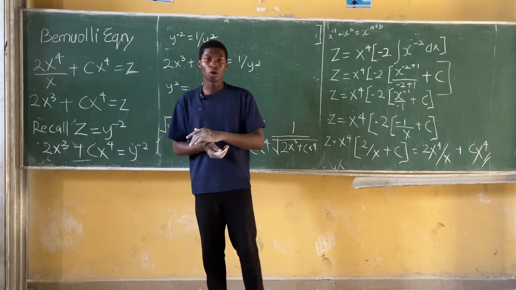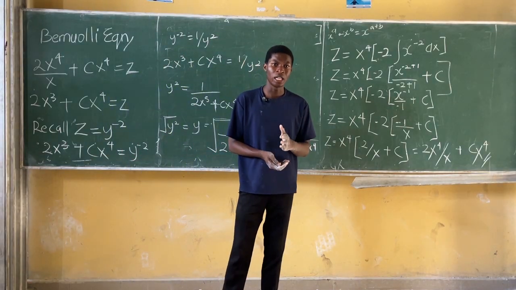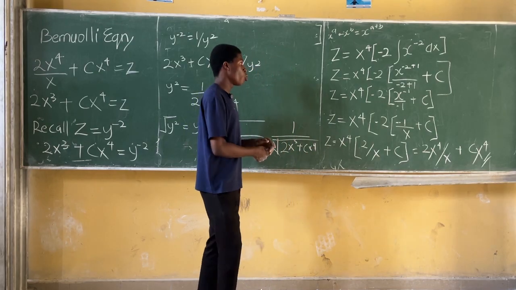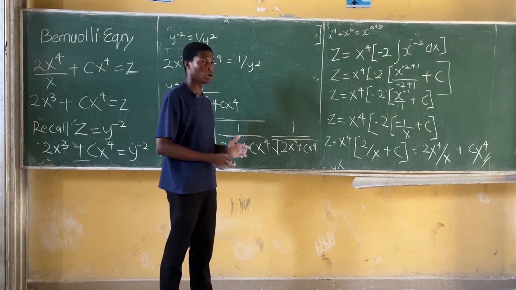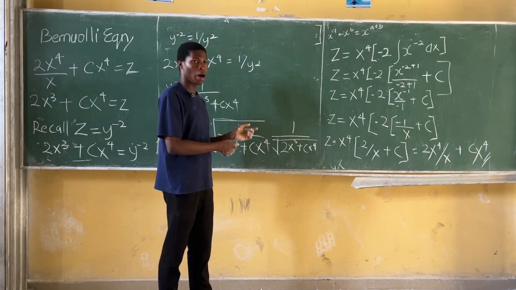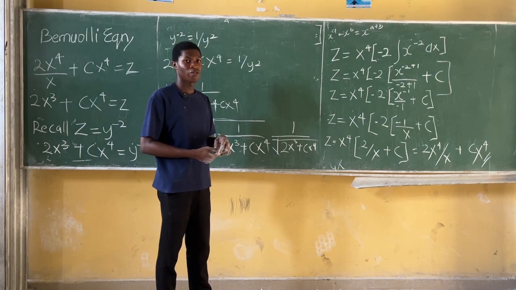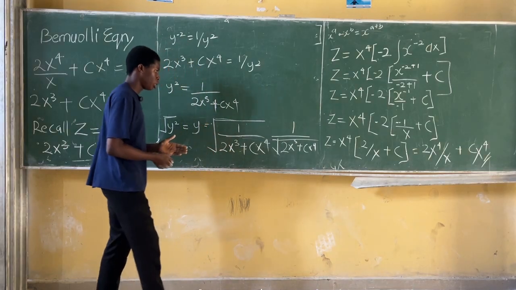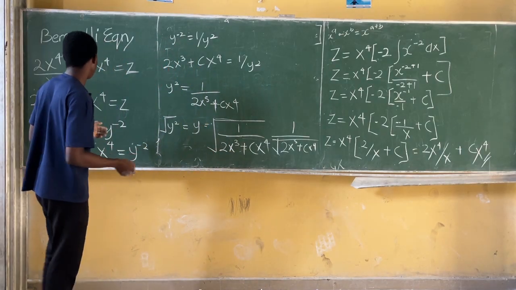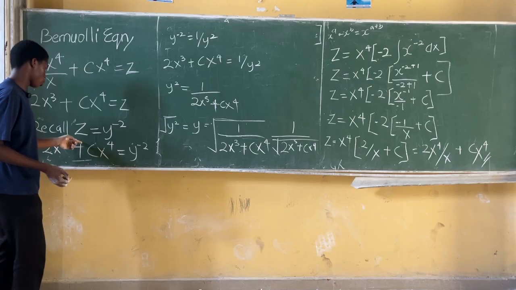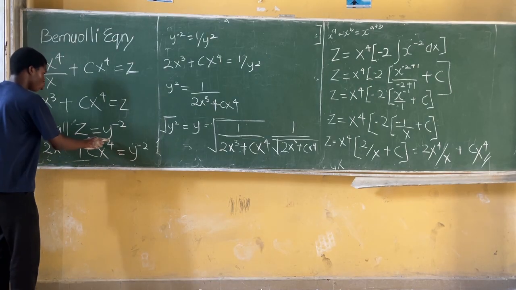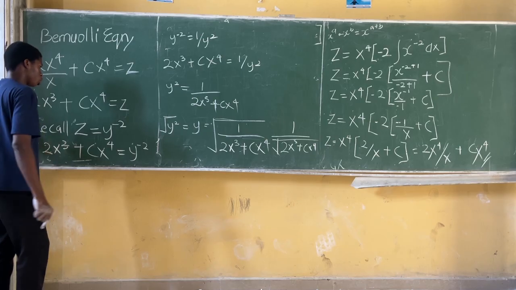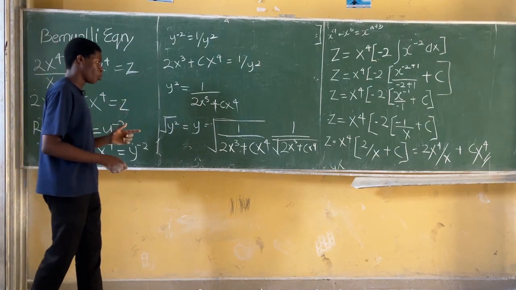Once we are done doing that, we simplified the equation, and using an integrating factor shortcut method, we were able to further simplify the equation and inserted our parameters into the integrating factor shortcut method, solved for it, broke down the equation, did the necessary simplification, and when we got to this point, we were able to substitute back z equals y raised to the power minus 2 into the equation and made y the subject of the formula.